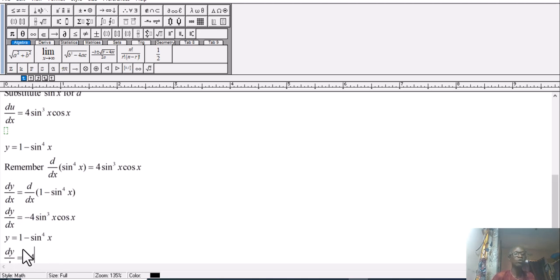So minus 4, then this power reduces by 1, so it becomes 3, then sine x. Then I differentiate sine x, imagining in my mind that the power 4 is not there. If you differentiate sine x, it will just give you cos x. So that would have been the short method to use if you are doing it on your own.